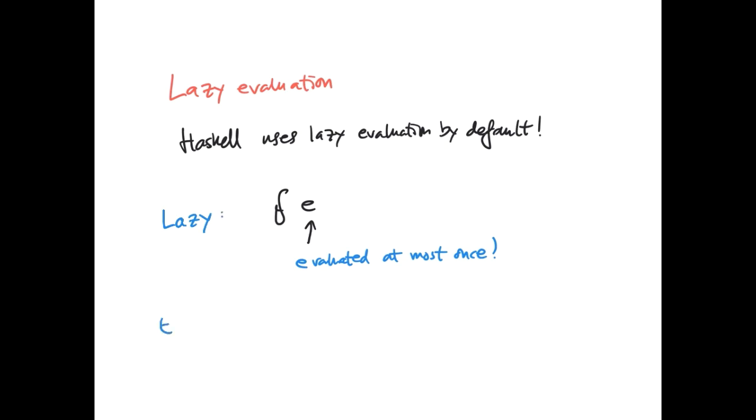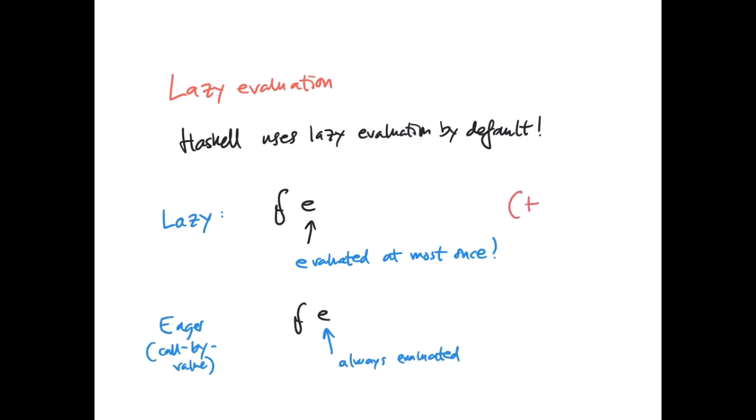We could also imagine an eager strategy, which is called call by value. Namely that whenever we have a function application f of e, the argument e is always evaluated, even if we do not need it.